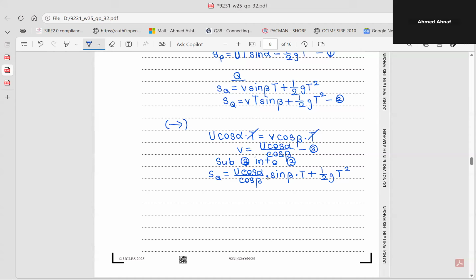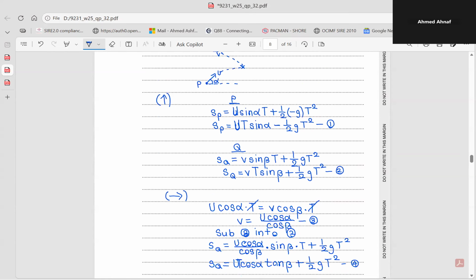So sine beta over cos beta, that's just tangent beta. So SQ would be big UT cosine alpha tangent beta plus half gt squared. So yeah, this is the final expression for SQ.